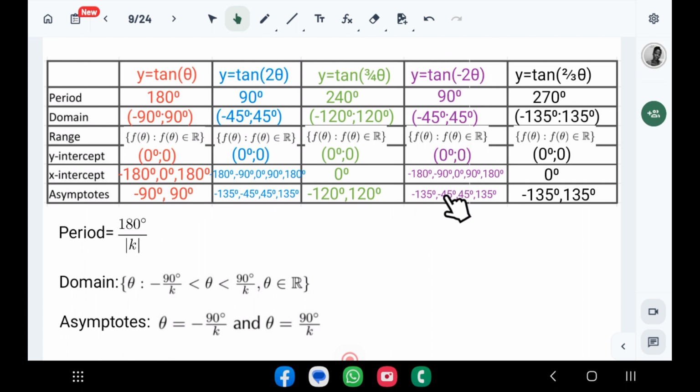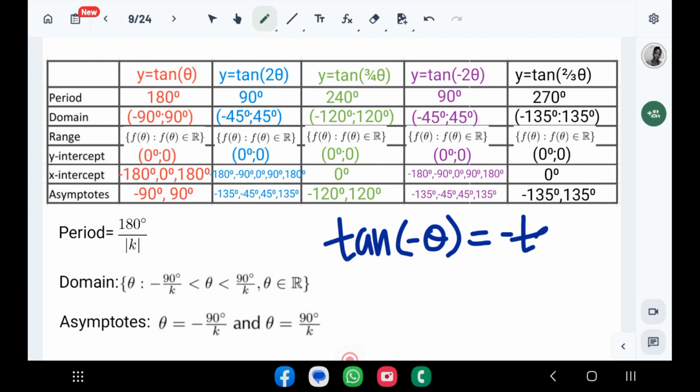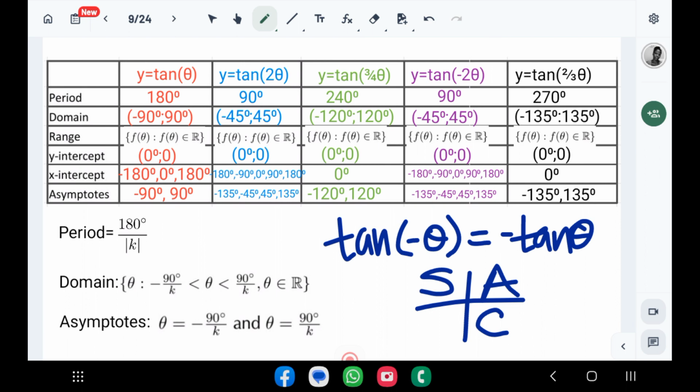Of course, the shapes are going to be different because remember, tan of negative theta is equal to negative tan theta. Let's look at the CAST diagram. Negative theta is here. This is how you find negative theta. That is from 0 in this direction, the clockwise direction, which is the opposite direction of the normal one, which is anti-clockwise.